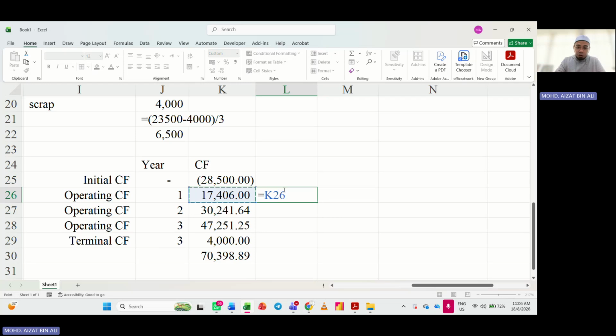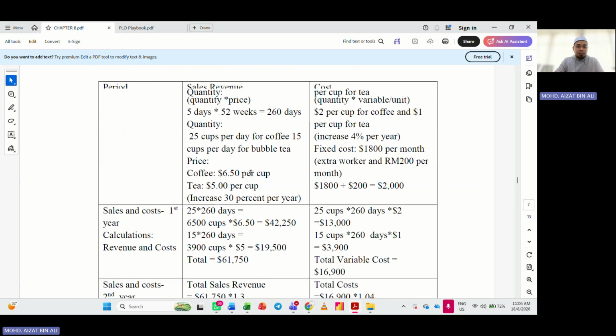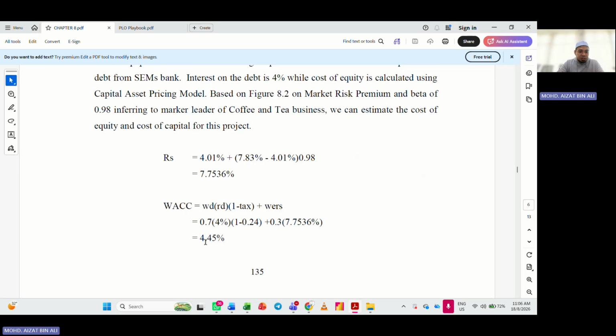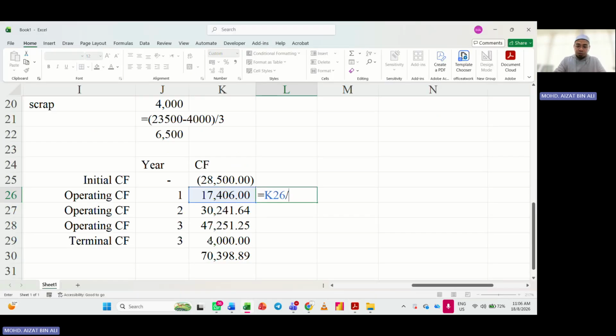The present value is the future value over one plus the interest rate. We get the interest rate from our WACC, in this case 4.45%, so 1.0445, to the power of the compounding period. So this is to the power of 1.